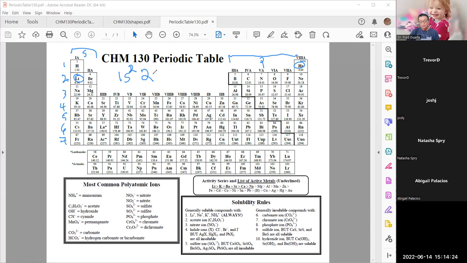And it's in the first column like hydrogen, so I can put an s, and being in the first column, I simply put a superscript 1. Now, the superscript represents the number of electrons. 2 plus 1, isn't that 3? I got 3 electrons for lithium. Lithium has 3 electrons, is element number 3. Of those 3 electrons, 1 of them is in the outermost shell in the second energy level, which is why it's in group 1A. It has 1 valence electron.